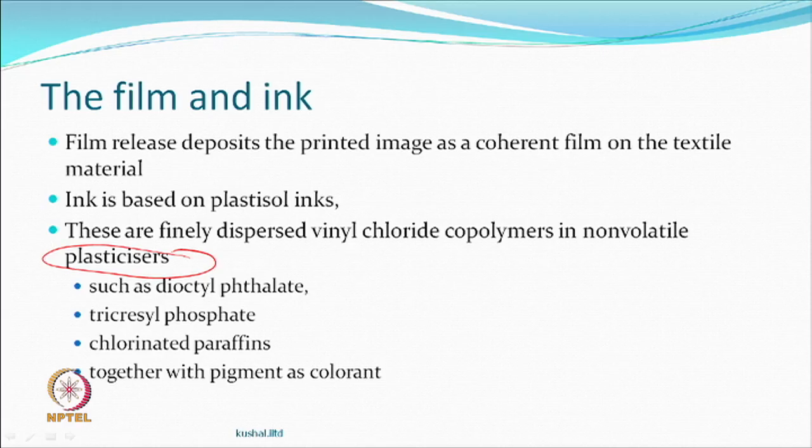So, chlorinated paraffins or cresyl phosphate or dioctyl phosphate, these types of plasticizers are there along with pigment. They are dispersed properly to make a plastisol ink, which is used to print a paper.